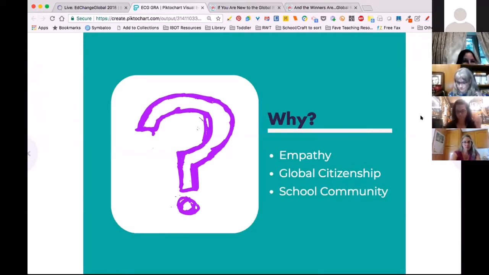And then the one in the middle is building global citizenship. So, seeing the world outside of you, communicating with them, and knowing how to appropriately communicate with them. You could tie it into all sorts of things like citizenship in general, digital citizenship, digital leadership, and global awareness.